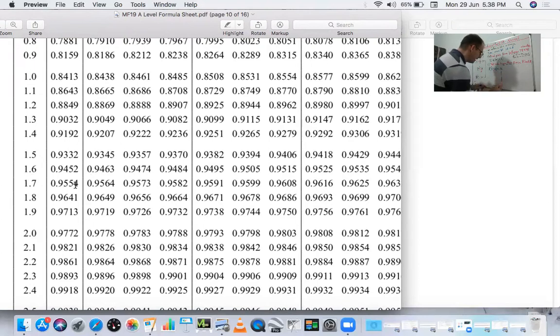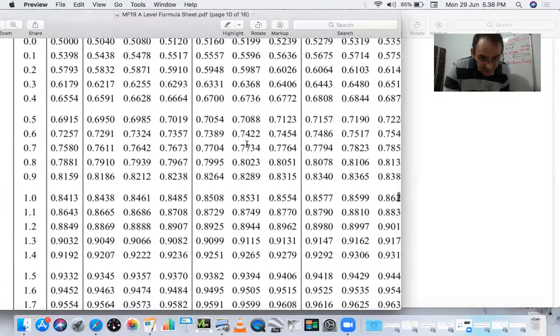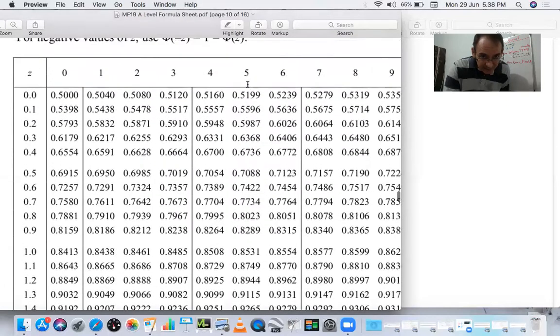We're going back to our phi z chart, and we're getting 1.7. That's this one, 1.7. And then we want to go up here to this one, cross-reference with 5. That's the second decimal. So 1.75.